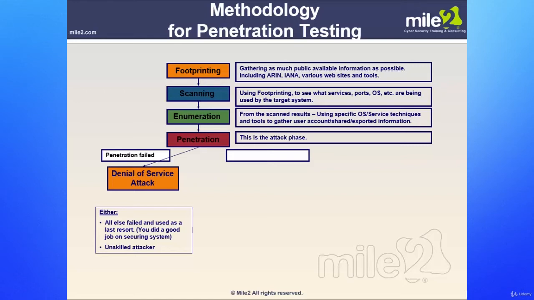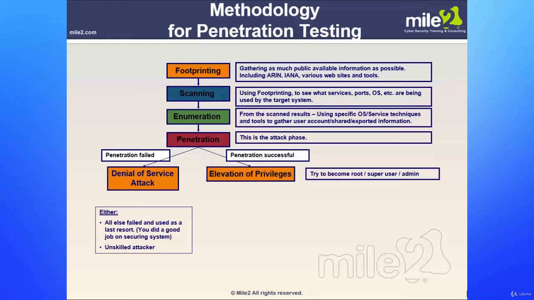So you did a good job on securing the system, and generally an unskilled hacker will stop there. But a lot of times the denial of service will take the approach of, if I can't have it, nobody can have it, right? Now, in a real pen test, however, unless authorized to do so, you will not be doing a denial of service attack if the penetration fails. Just keep that in mind.